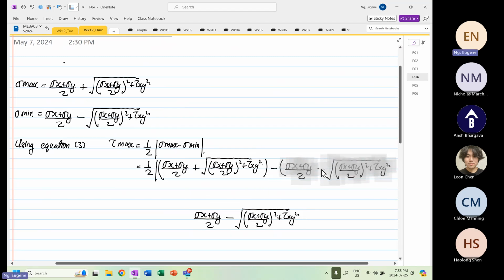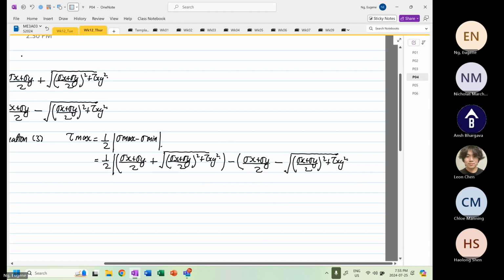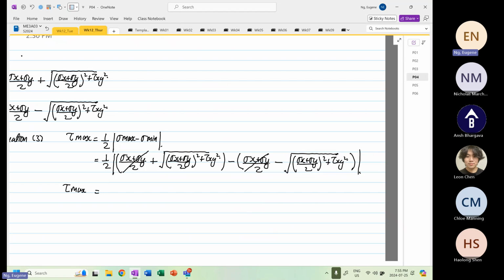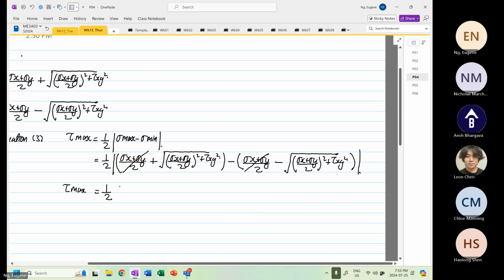I'm going to minus this term over here, right? And I'm close, so I can cancel this. I can cancel this. So this is in fact equal to tau max is equal to 1 over 2, and then the absolute value twice of this term over here, because minus and minus, when you take out the bracket, is plus.